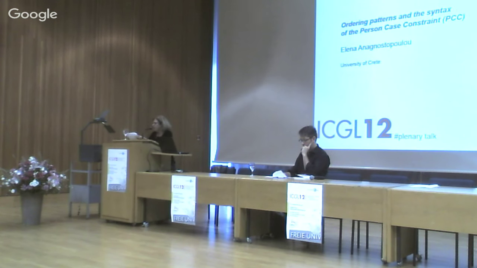Now, in all these languages, it seems that the base order of arguments is indirect object, direct object, yeah? Perhaps the most controversial case is German, because for German it has been argued that the base order is direct object, indirect object, but that's not the common assumption about German.